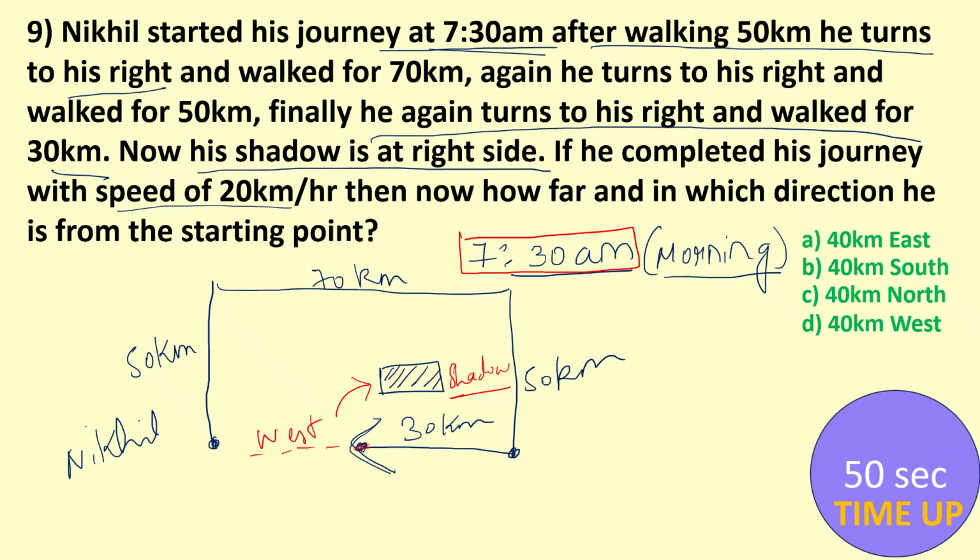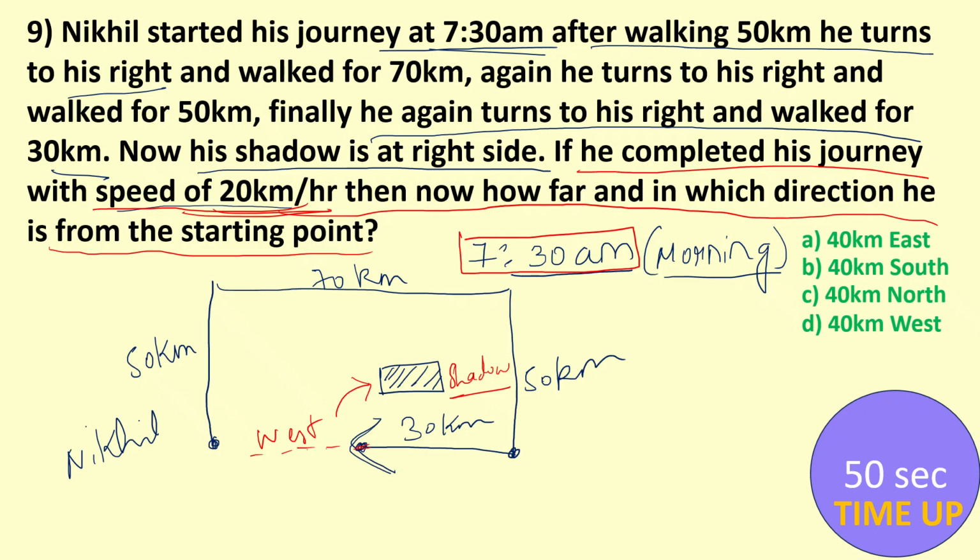Next, if you see the question, if he completed his journey with the speed of 20 km per hour, then how far and in which direction is he from the starting point? That's why I told you the formula for distance.